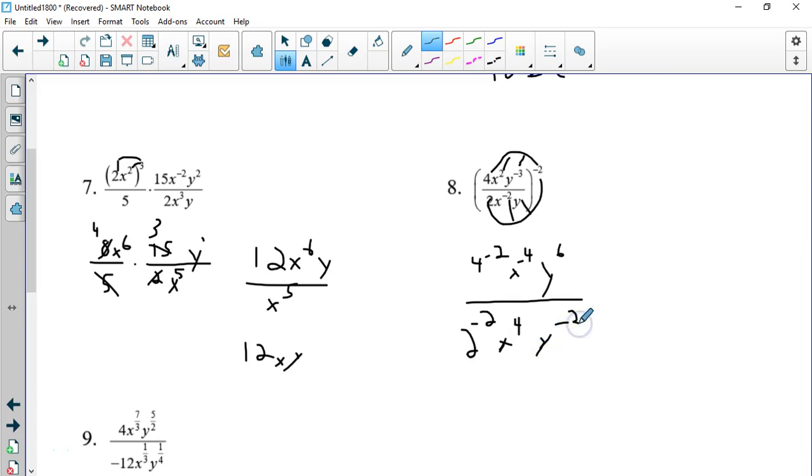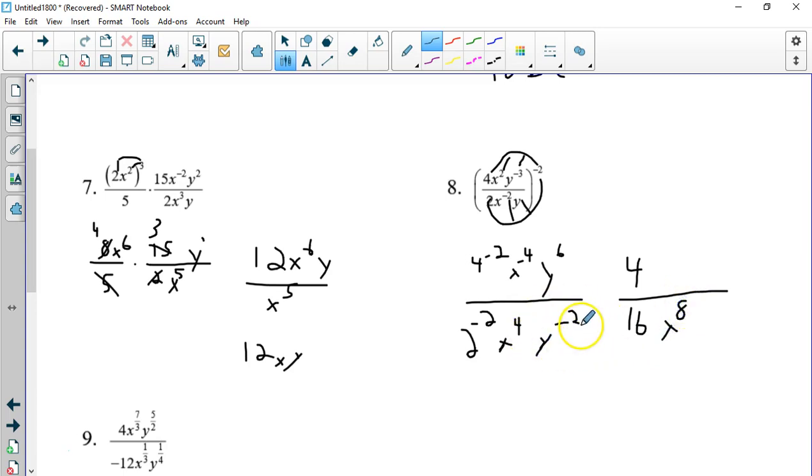Now at this point you have choices. You can just move everything. It's up to you. So 4 to the negative 2 is going to come downstairs to become 4 squared or simply 16. 2 to the negative 2 is going to go upstairs, 2 squared or just 4. Now my x's. These 4 are going to go downstairs and join these 4 and become 8.